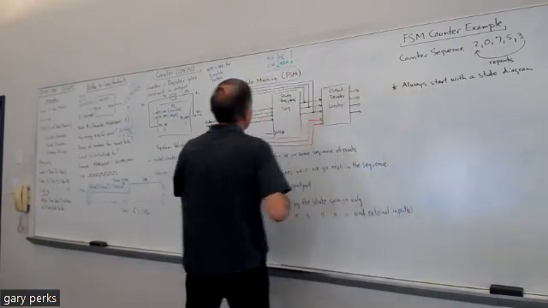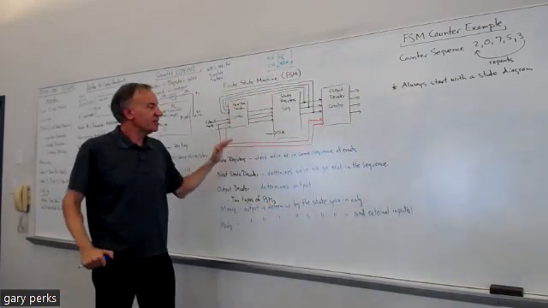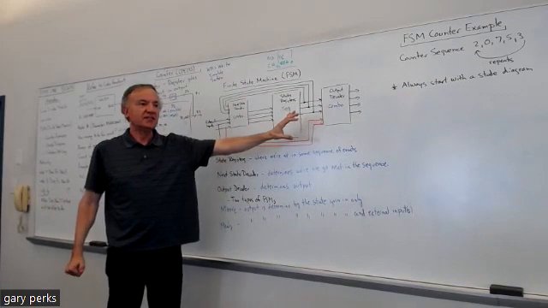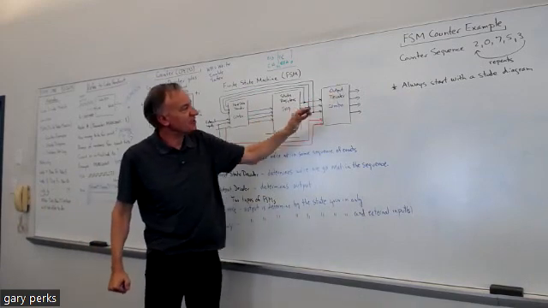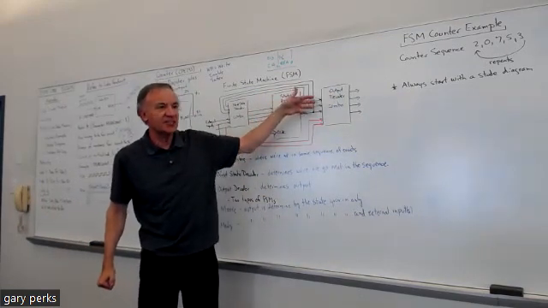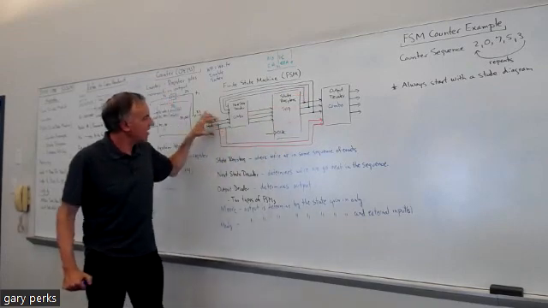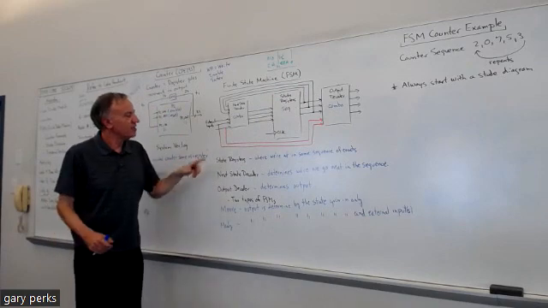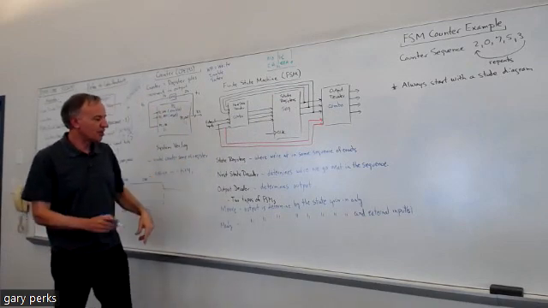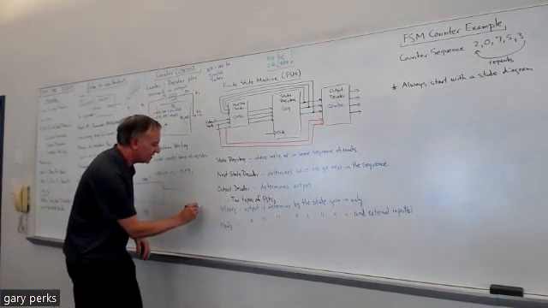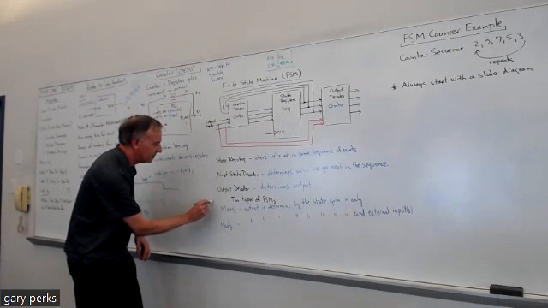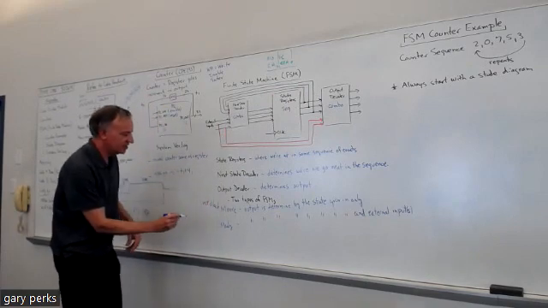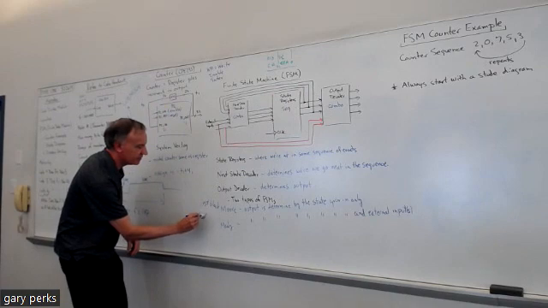If you have a Mealy, it's everything in black along with the red. Okay, because if it's a Mealy, the output is determined not only by the state registers, but also by external inputs or input. Okay, so looking at the diagram, the Moore is just black. Okay, the Mealy is black and red.